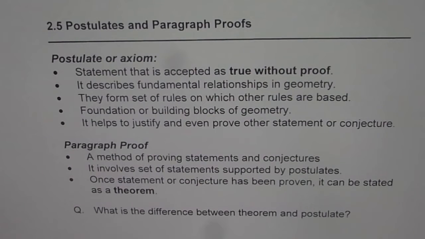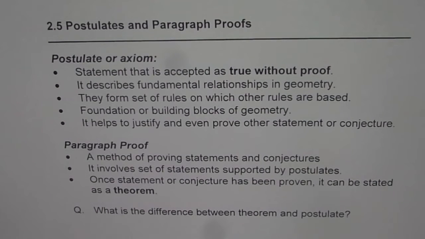Now here is chapter 2.5 on postulates and paragraph proofs. In this chapter, we are basically developing relationships between unknown items like point, line, and plane. These three terms are really undefined terms, and we'll relate them with the help of postulates or axioms.